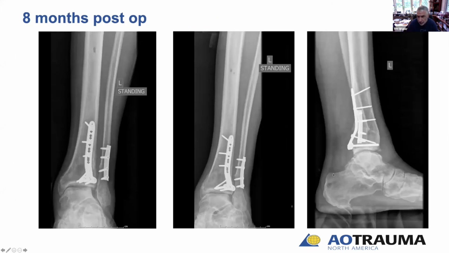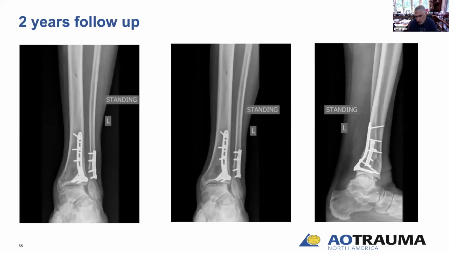But at 8 months, he's settled in nicely. Here he is at 2 years. And we tried to get him back in, but he's now 70 years old, has not had any more surgery on this ankle, and doesn't really want to come in just because of the virus right now.